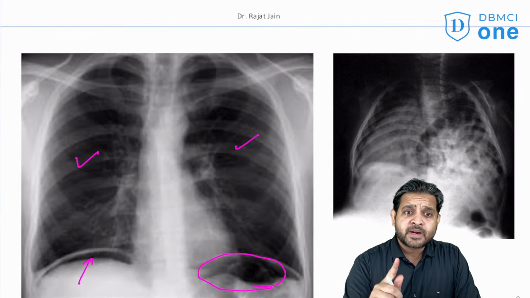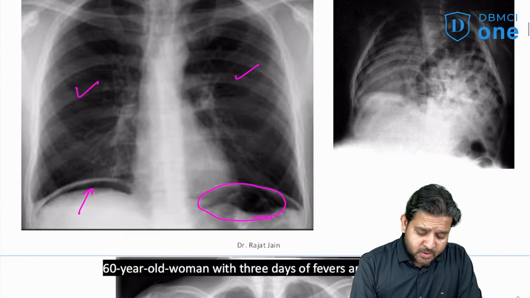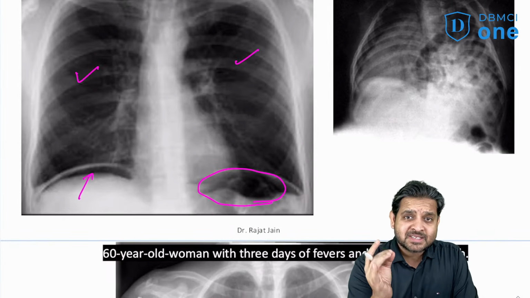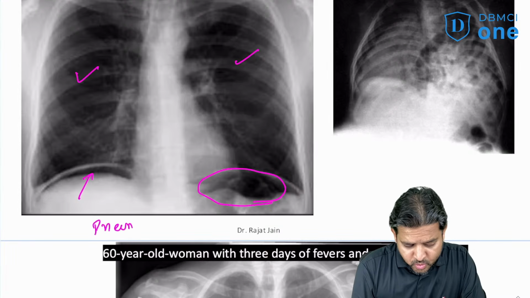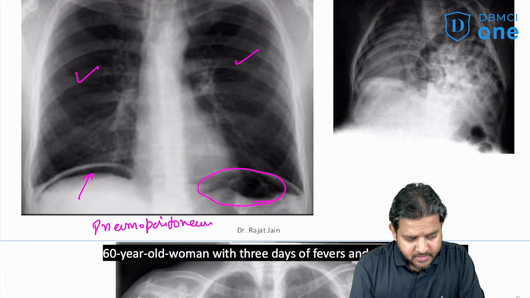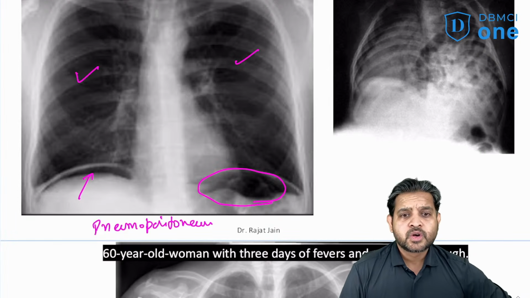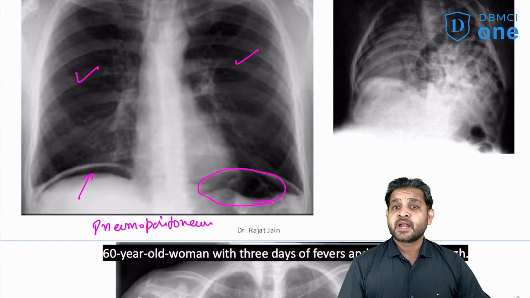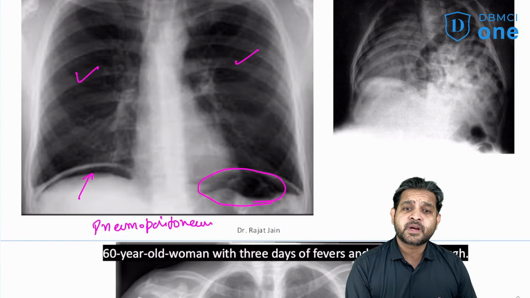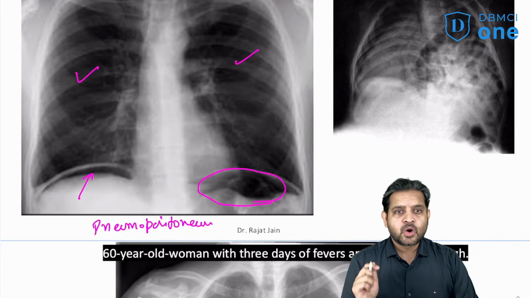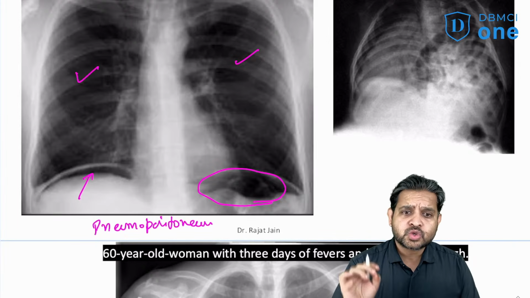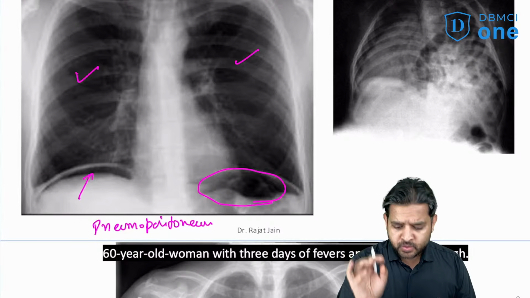Air below the left hemidiaphragm can be normal, but air below the right hemidiaphragm raises a suspicion. And this is an image of pneumoperitoneum, right? And what is the most common cause of a pneumoperitoneum? A hollow viscus perforation will be the most common cause of a pneumoperitoneum, right?